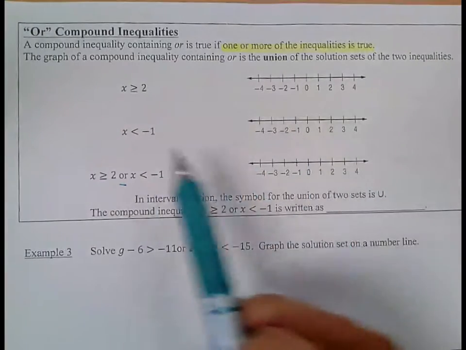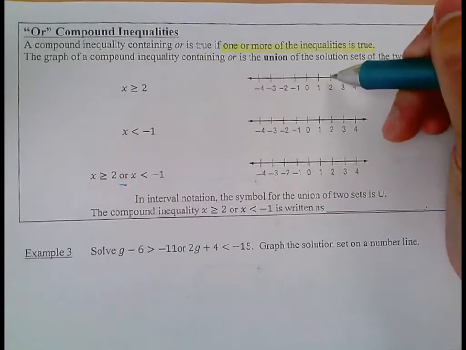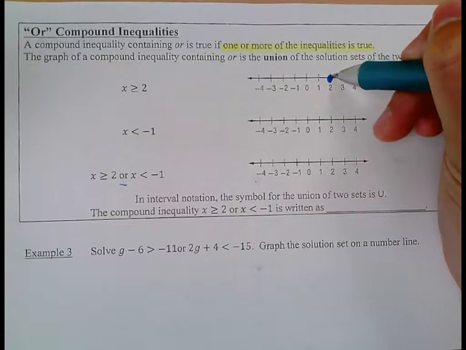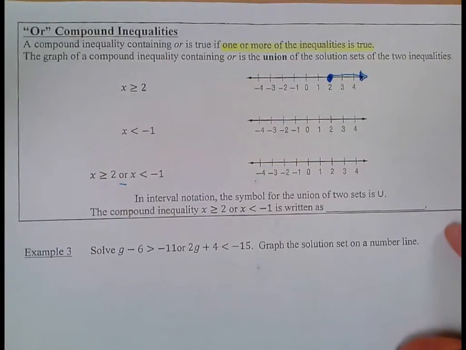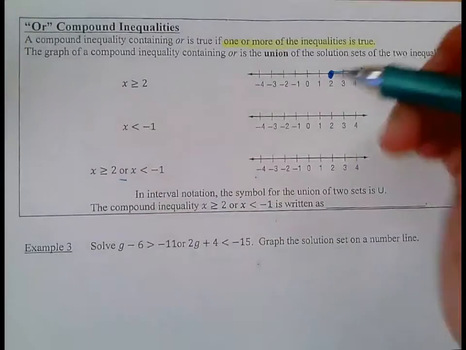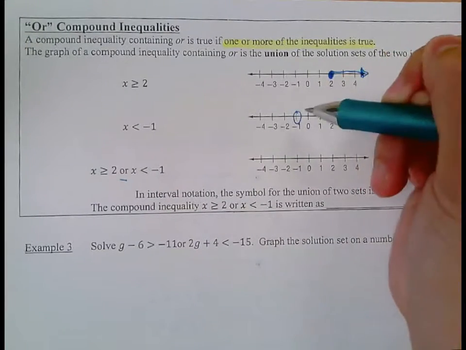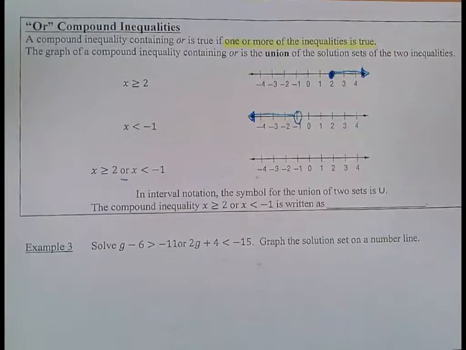So I'll just go through this quickly up here. If we were to graph x is greater than or equal to 2, we'd have a dot on 2 shaded to the right, everything greater than 2. And then for x is less than -1, we'd have an open circle on -1 and then everything shaded less than that to the left.